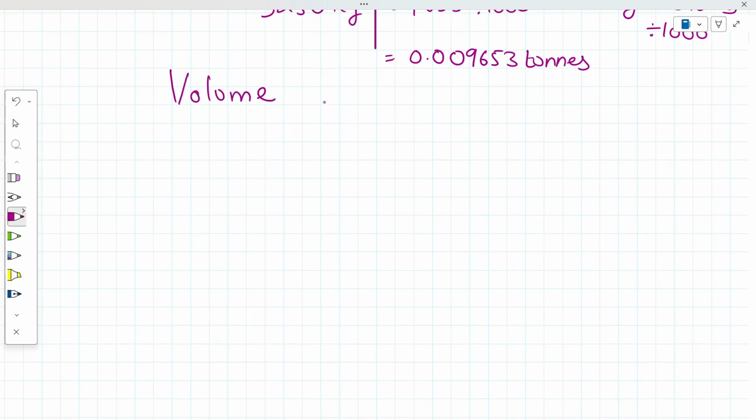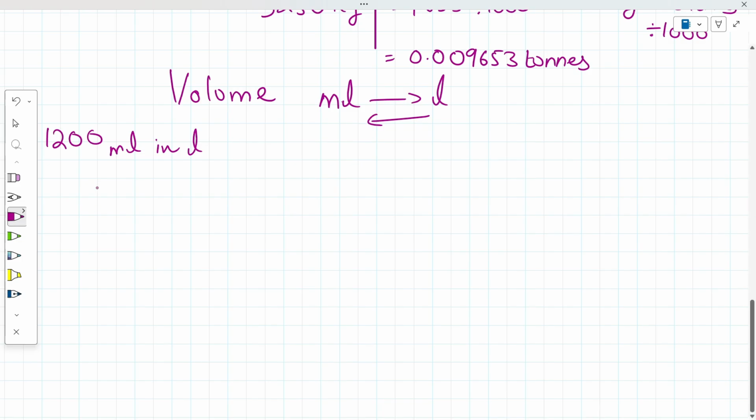The last one is volume. Volume is about milliliters to liters and liters to milliliters. The problem is 1200 ml into liters. Keep in mind that 1 liter is equal to 1000 milliliters.